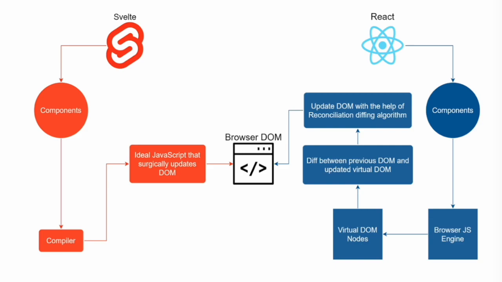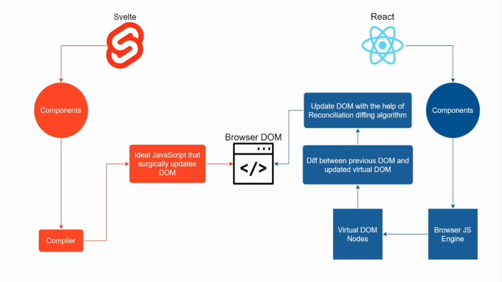In the process, we write our code using the Svelte syntax, and then it runs through a compiler. Then it turns into pure optimized JavaScript that can be read by the browser, so it doesn't inject any overhead code or anything. The majority of the work is done at compile time.